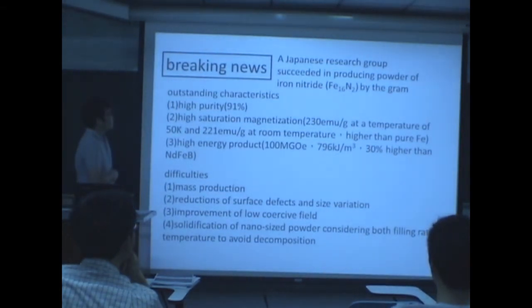Just 3 months ago, there was breaking news reporting about this material. The group claims that the powder they prepared has outstanding characteristics such as high purity, high saturation magnetization, and high energy product.